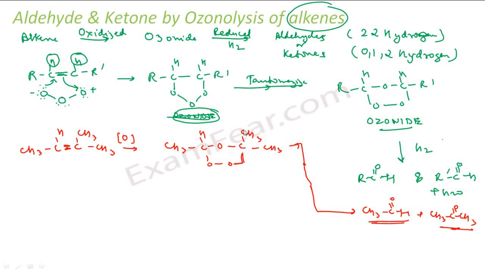If you have alkyl here, it becomes ketone. So if both are hydrogen, you get both aldehydes. If one is hydrogen, one is alkyl, you get one aldehyde, one ketone. And if both are alkyl, then you get both as ketone. Correct? If instead of H you put some R, this becomes R here, and that becomes the ketone.